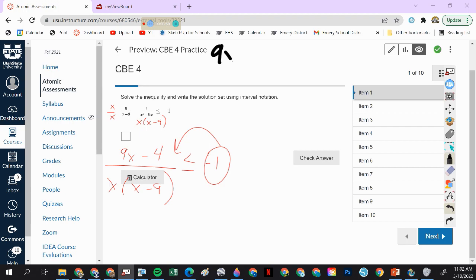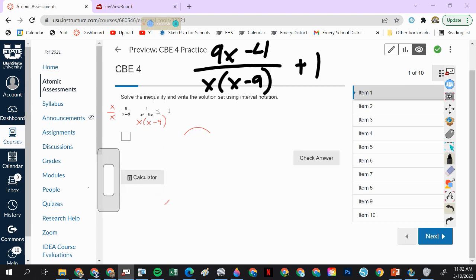So we have 9x minus 4 over x times x minus 9 plus 1. Okay. And that has to be less than or equal to 0. Now, because this is an inequality, my answer is going to be made up of intervals.